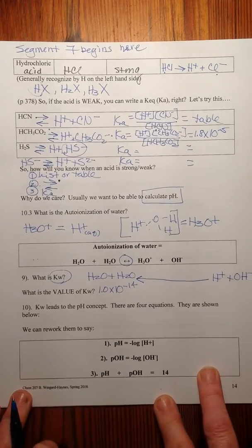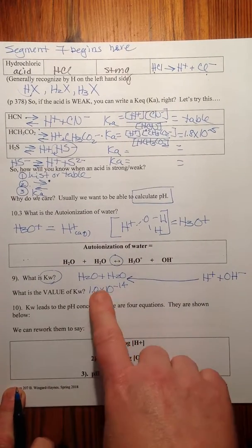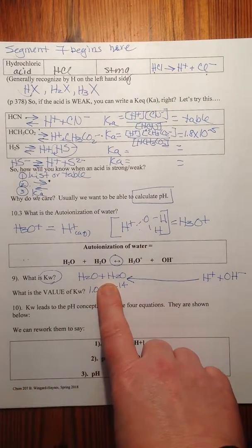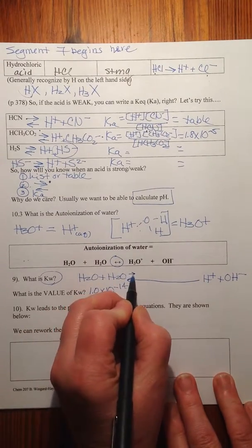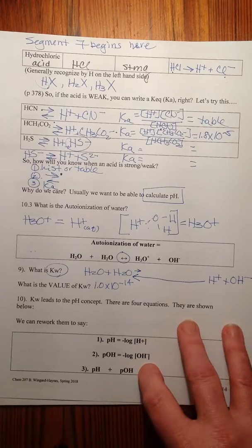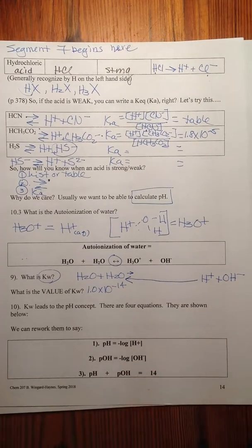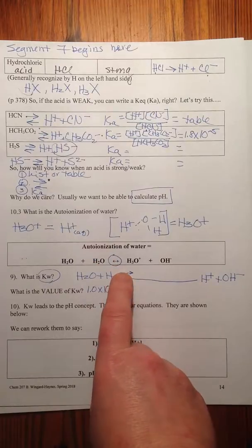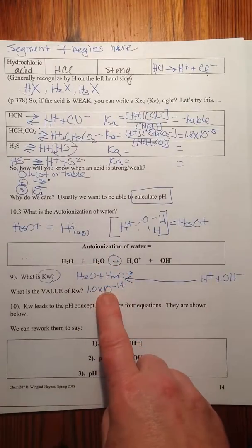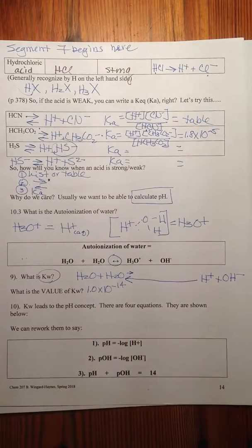Most water wants to stay as water, and this is good for us. Okay? This is good for us. On the other hand, a little bit of it will go forward. Okay? Which makes water, if it donates this proton, an extraordinarily weak acid. Very, very, very weak acid.